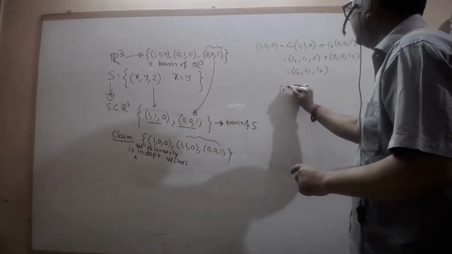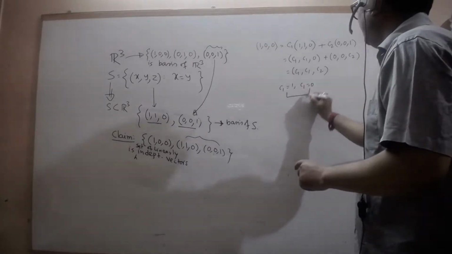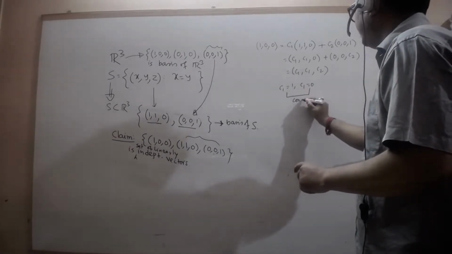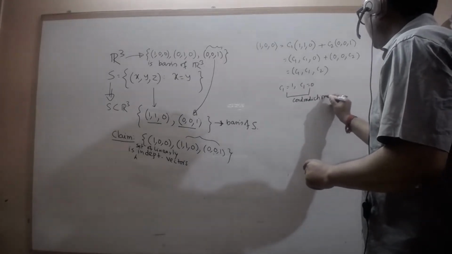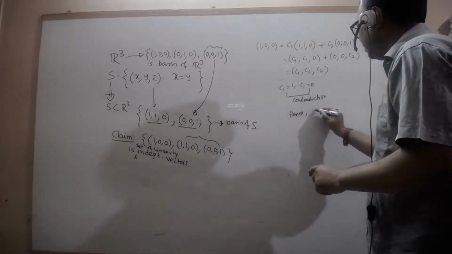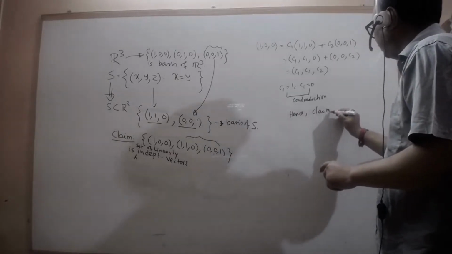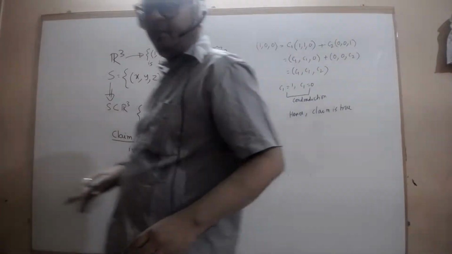Therefore, C1 equal to 1, C1 equal to 0, which is a contradiction. Hence, the claim is true. This is a set of independent vectors.